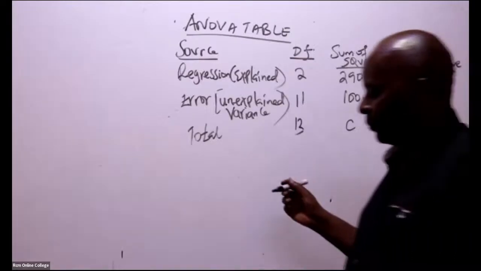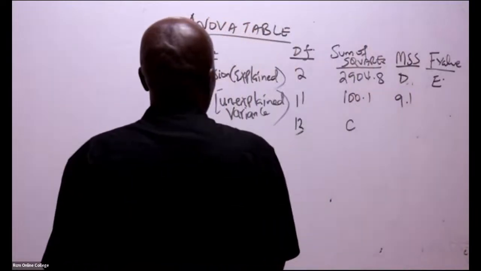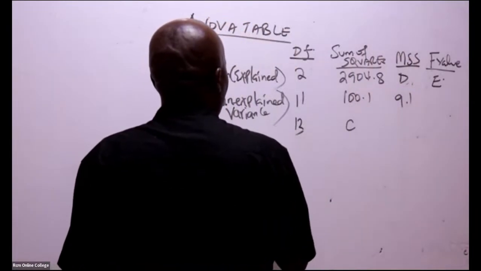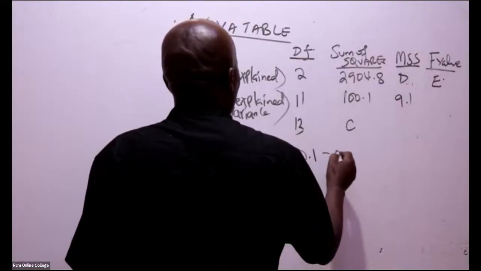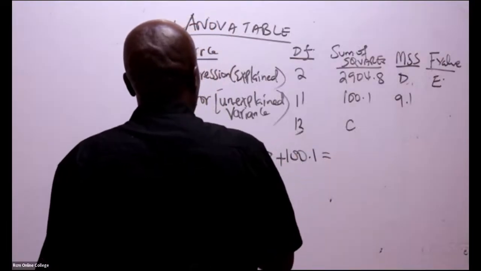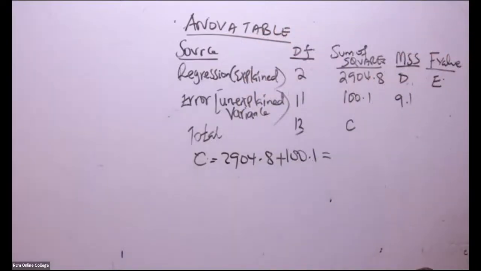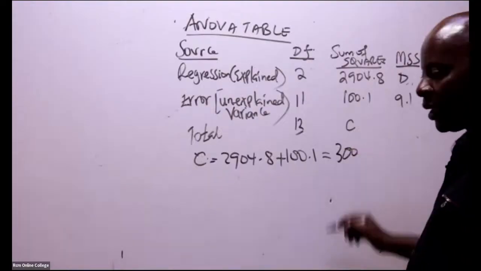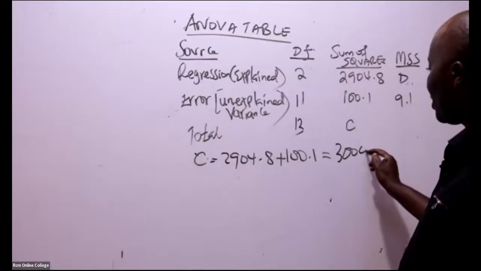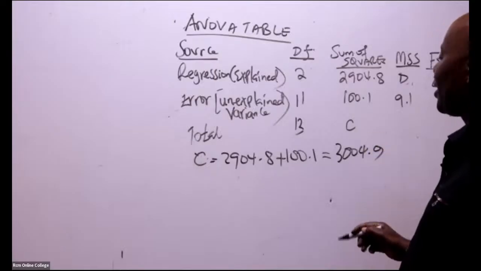So this is C, sorry, not D but C. I'm waiting to get a number from you. So this is 3005, 4.9, like that. Thank you so much.